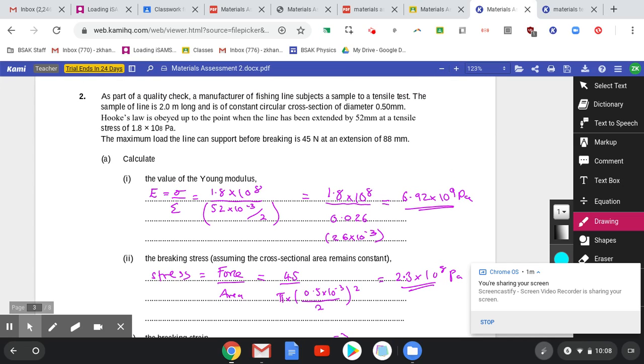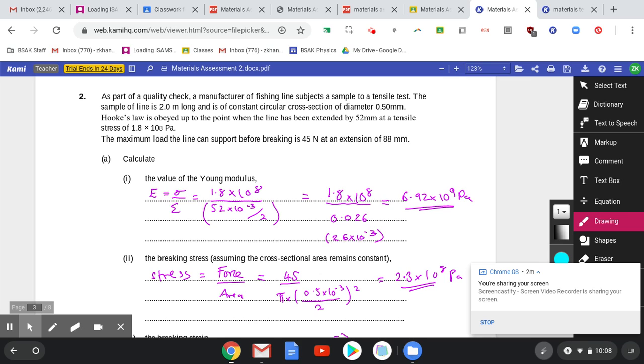This question, a lot of students mess this up because there's a lot of information given, and you have to be sure of which information you are using. Okay, so in this question, they give you a couple of extensions.